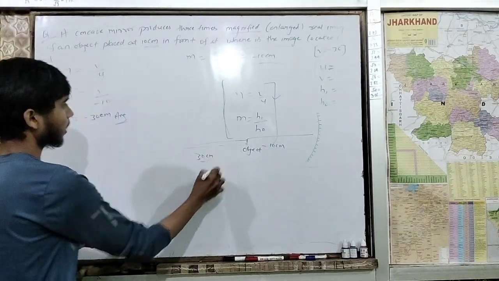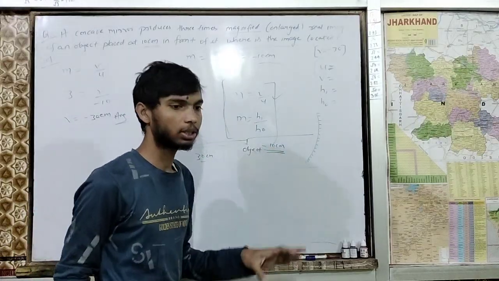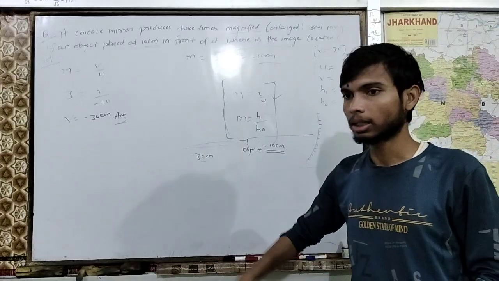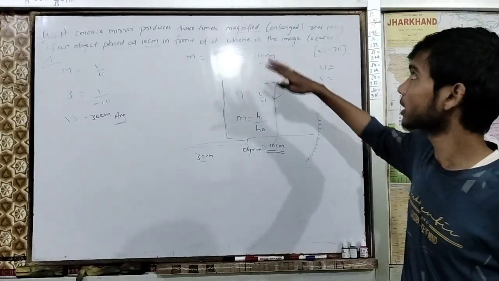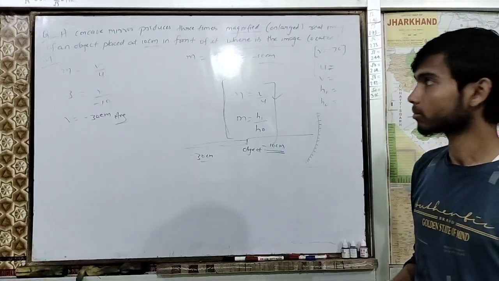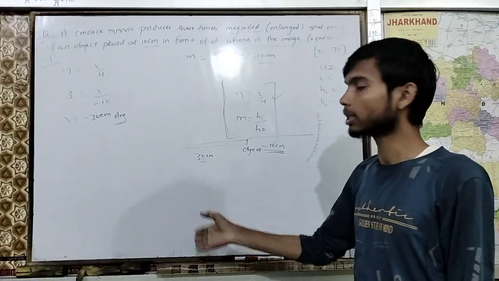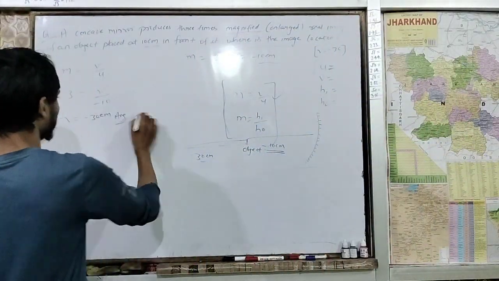What are you understanding? It is telling you that if 10 centimeter is the distance between an object and the mirror, you can see 30 is 3 times of 10. And it was already said that magnification is 3. Here you can see 30 is 3 times of 10. So our final answer is 30 centimeter.